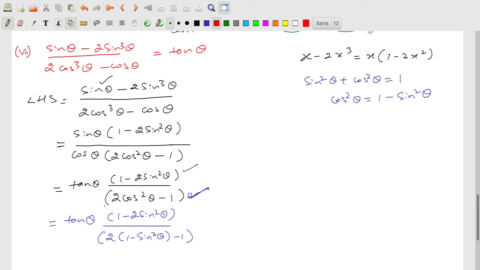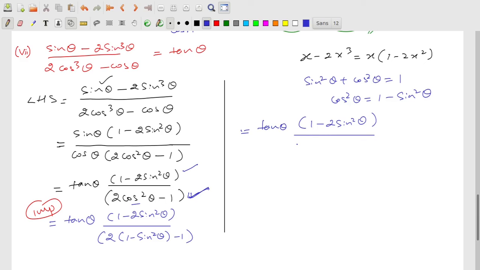Okay, so this step is important, you need to just remember this step. Fine, so we took this cos square theta as 1 minus sine square theta. Next, again tan theta as it is, 1 minus 2 sine square theta, the numerator as it is, and in the denominator, now multiply this 2 with these two terms, you will get 2 minus 2 sine square theta, and then minus 1.